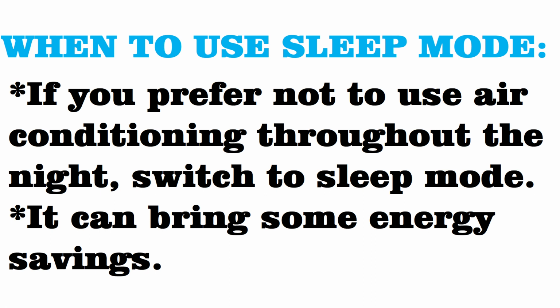So there's an extra benefit: it may be a little bit louder sometimes, not always, than quiet mode, but it will come with some energy savings. So sleep mode is an option when you want to sleep, you don't want the AC to run throughout the night, and of course you want some energy savings as you enjoy a good night's sleep.